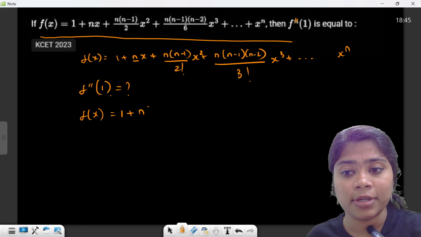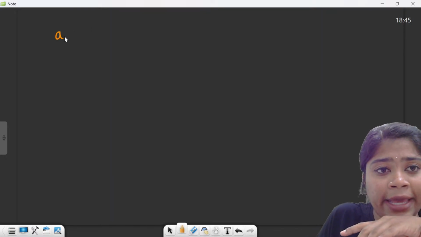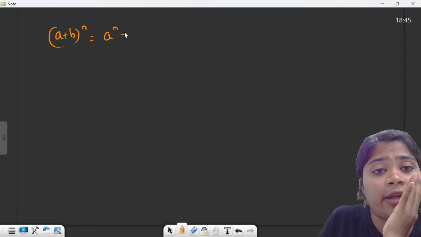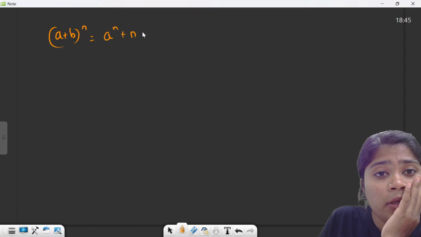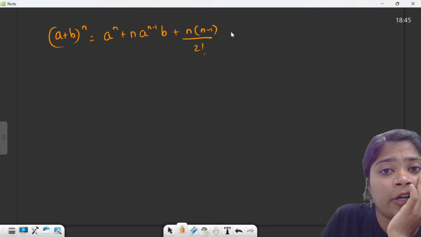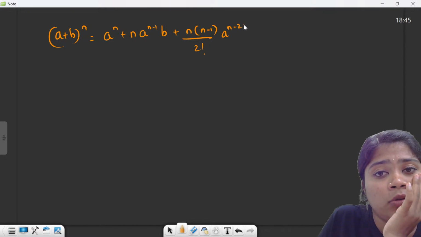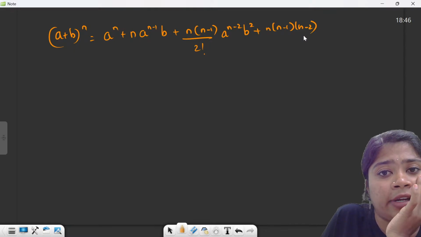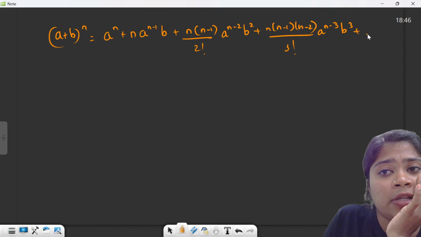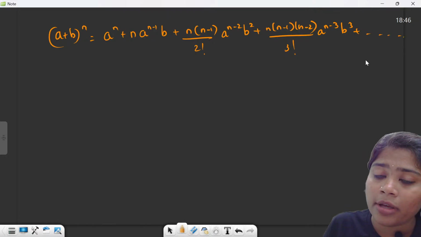So what is the binomial expression? a plus b to the power n is equal to a to the power n plus n into a to the power n minus 1 into b plus n into n minus 1 divided by 2 factorial a power n minus 2 b squared plus n into n minus 1 into n minus 2 divided by 3 factorial a power n minus 3 b power 3. So like that it will go till it reaches b power n.